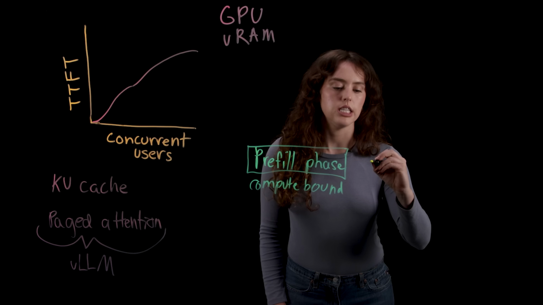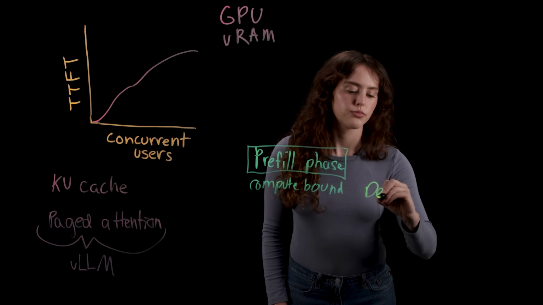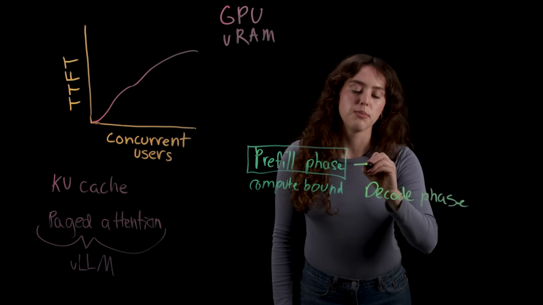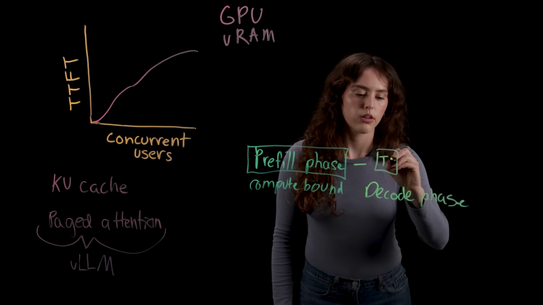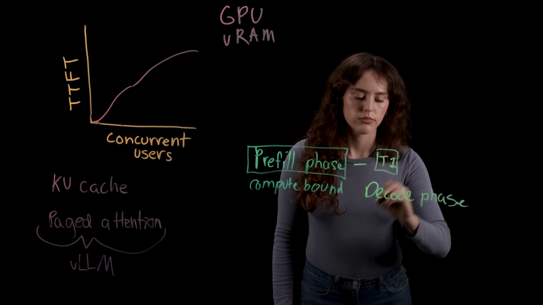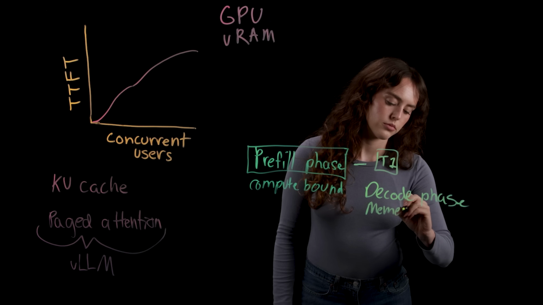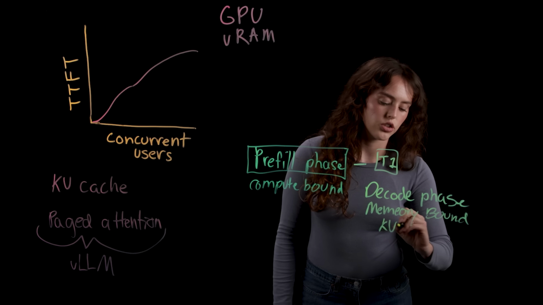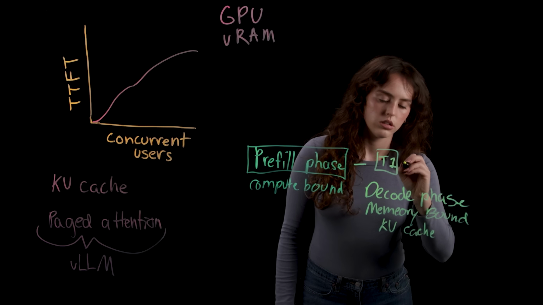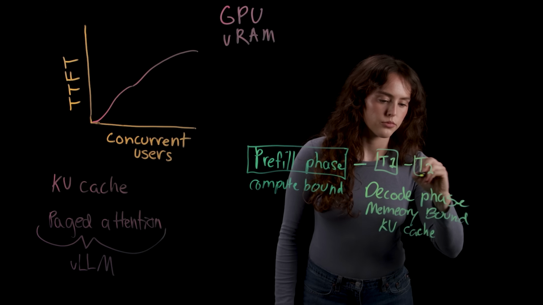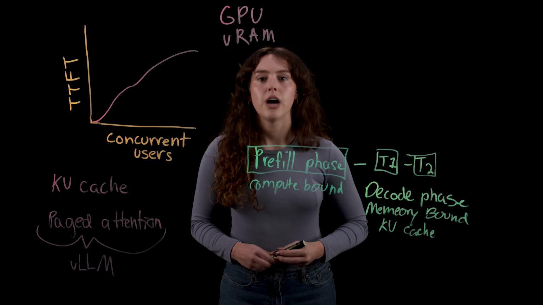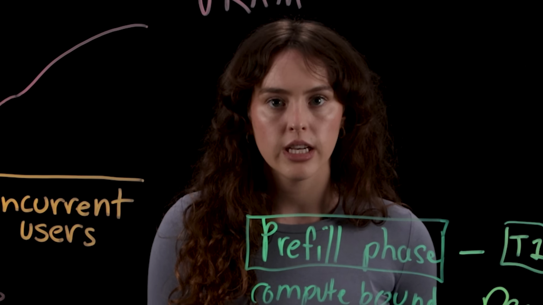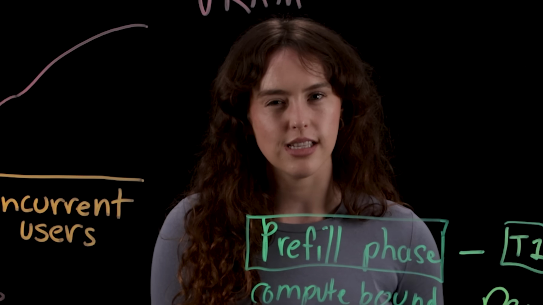This is the decode phase. This is memory bound. And it's using KV cache. Now, if memory is fragmented, if it's full, if it's being recomputed, it will become latency you can see.